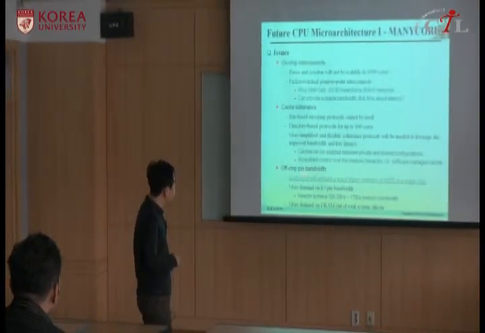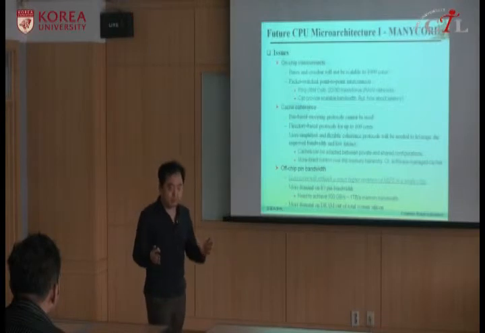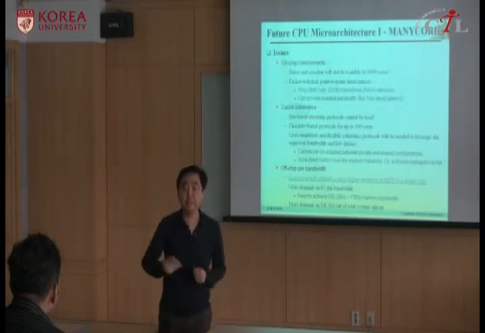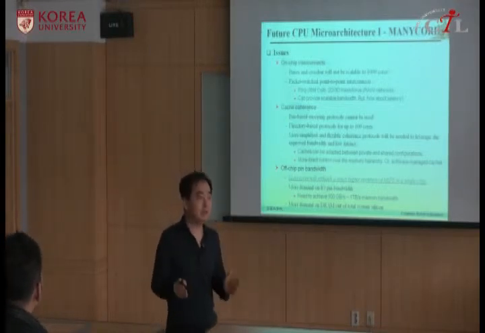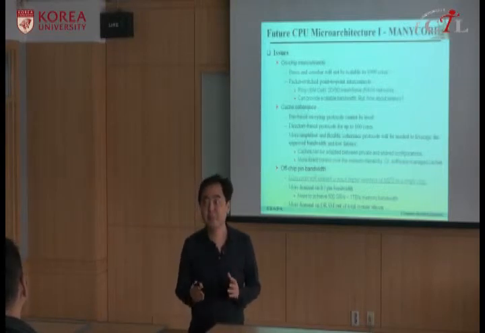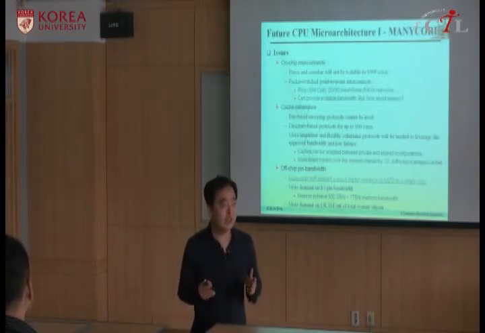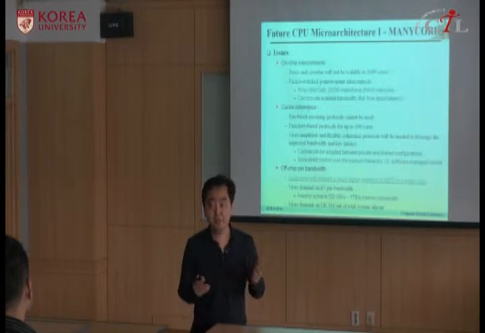And another issue is pin bandwidth. If you have 1,000 cores, each core is asking the memory system, and you are bounded by your pins. You cannot increase the pin count because it will increase your packaging cost substantially.